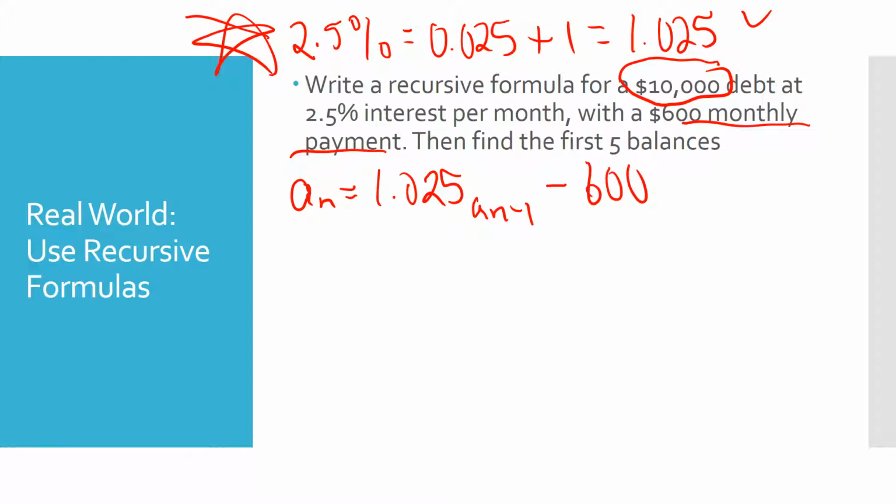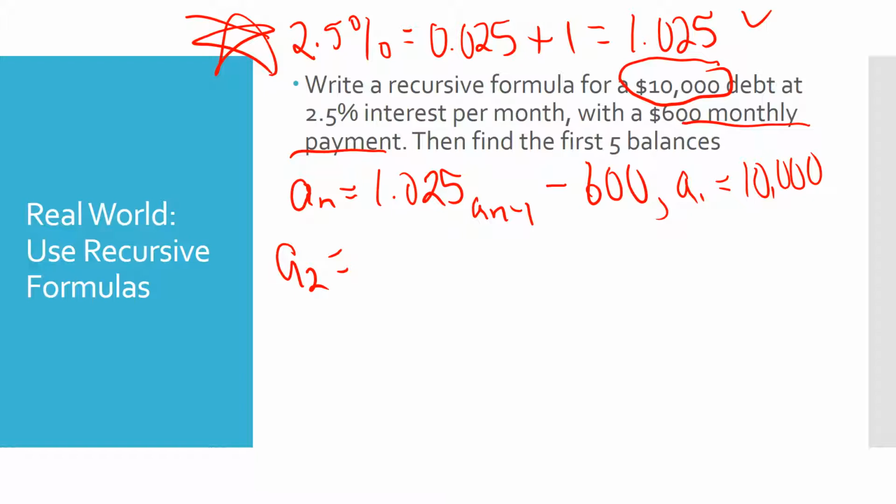That's the payment, $600. All right, so I've written the recursive formula, and I've got to express A1, and A1 is equal to $10,000. Now it's asking me to find the first 5 balances. Well, I know what the first balance is. It's $10,000.